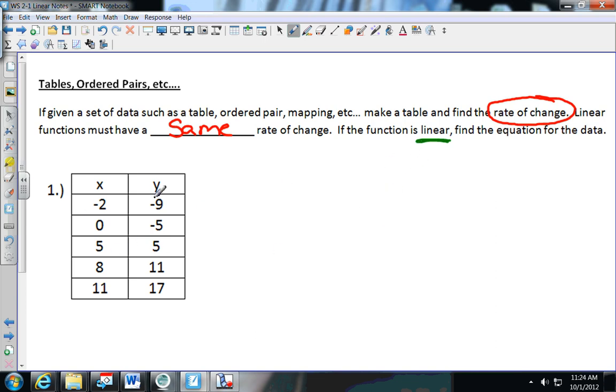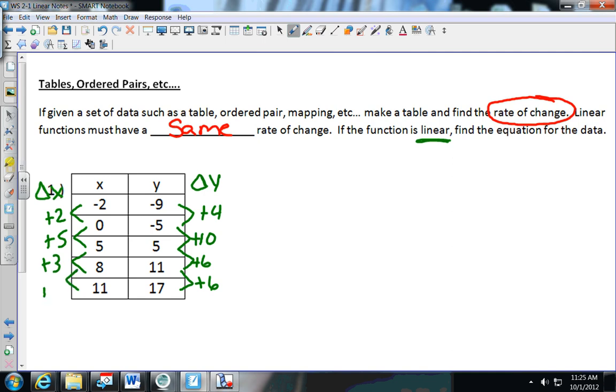So what we're going to do here, we'll go through and do delta y. It's plus 4, plus 10, plus 6, plus 6. Some people tell me this is not linear because these numbers are not the same. You have to go over here and do delta x. Right here it is plus 2, plus 5, plus 3, plus 3.